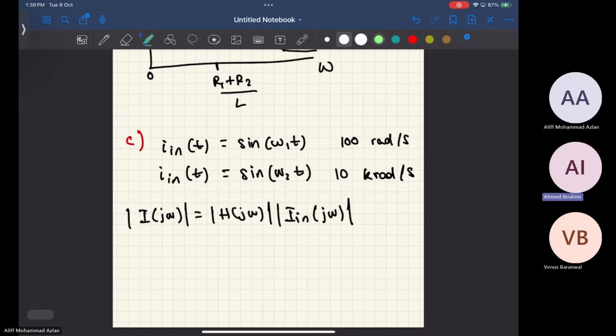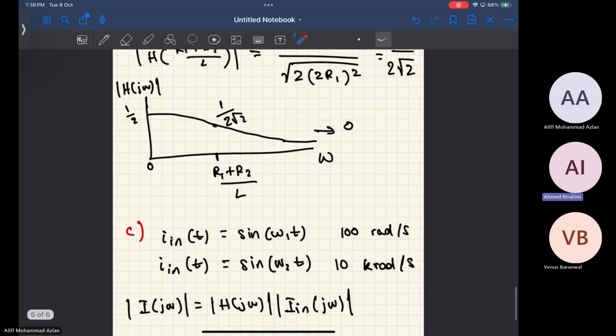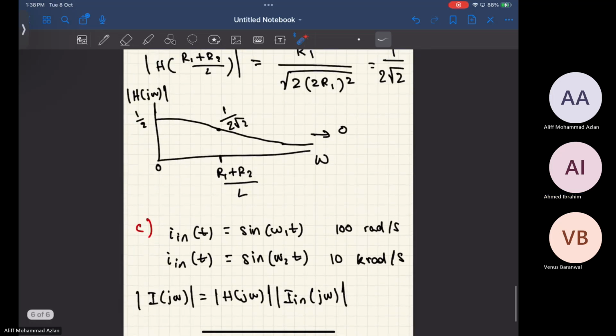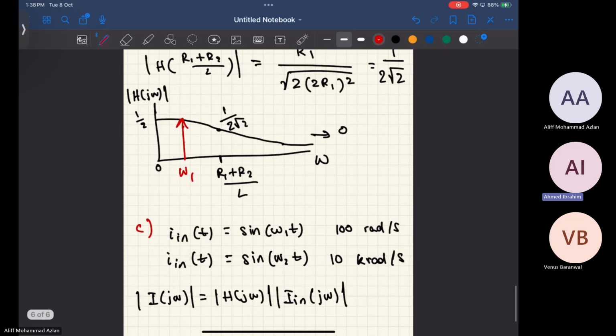In this case, the magnitude of I in, because it's just a sinusoid and it only occurs at one frequency, is just whatever coefficient we have here. So in this case, it's just 1, regardless of the frequency. Another way to think about this is, in the frequency domain, the magnitude of sine is just one line at a specific frequency, at omega 1 for example, and that magnitude is the coefficient of the sine.